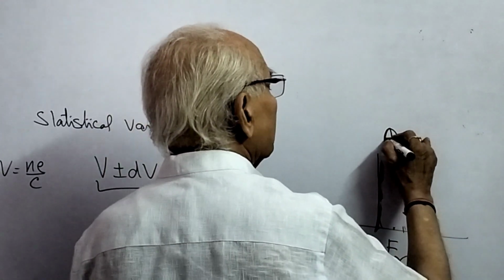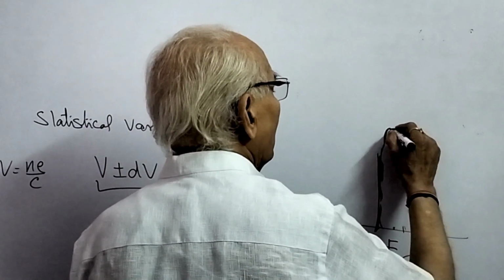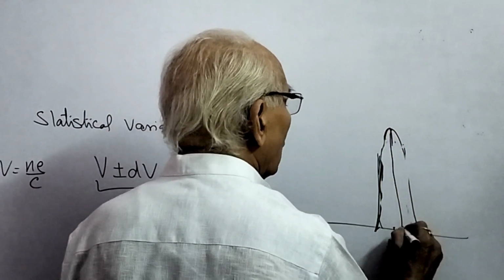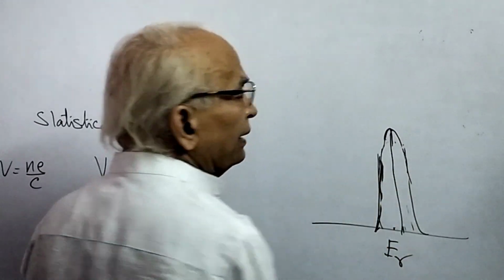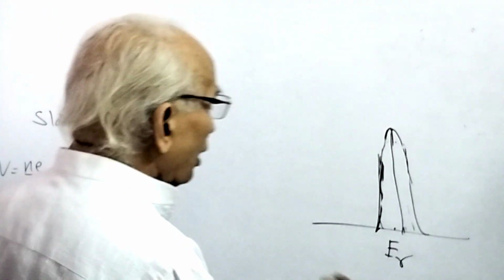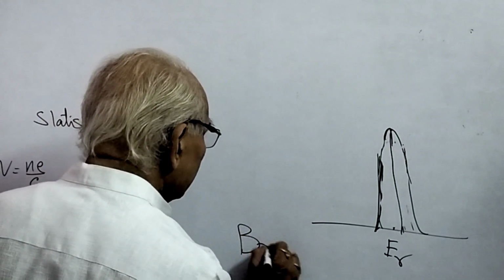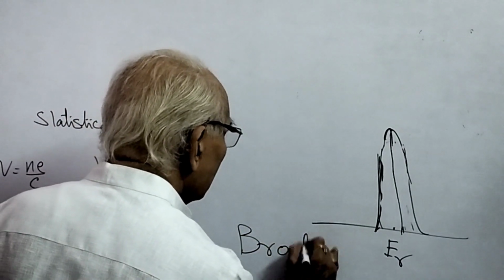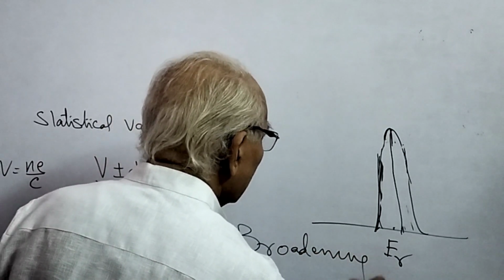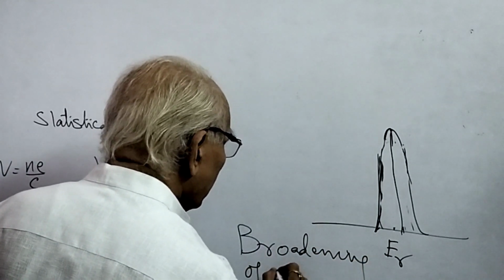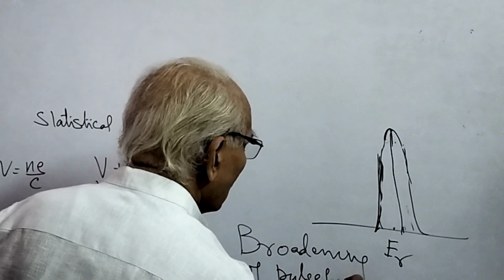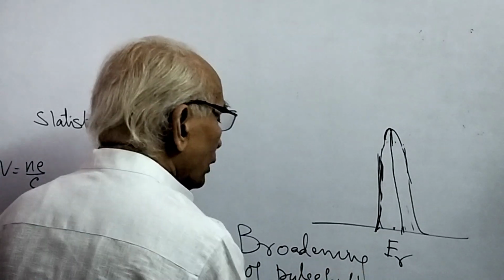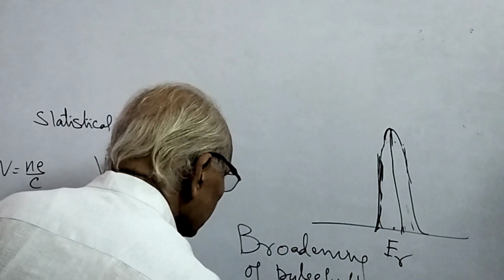Theoretically we should get only one height of this E gamma, but experimentally we get this variation. So this is called broadening of the pulse height, or the pulse width.